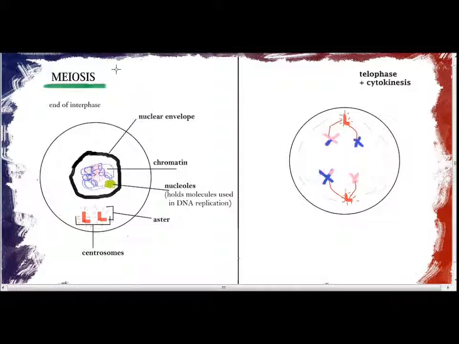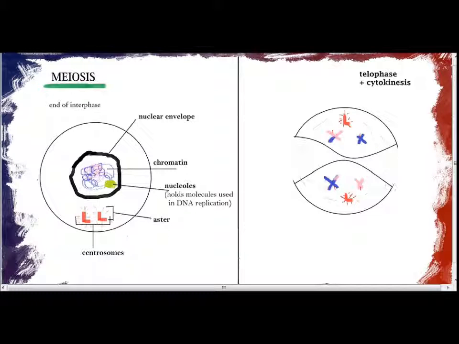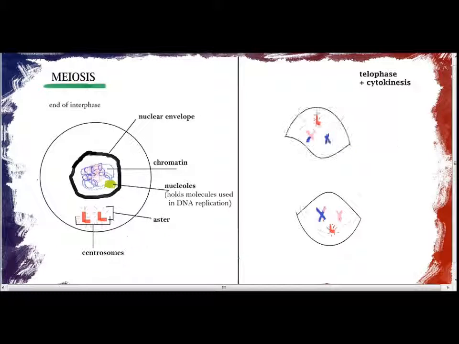In telophase 1, the homologous pairs are now on opposite sides, so there's a single chromosome from each homologous pair on each side. And also cytokinesis happens, so cytoplasm breaks apart, and now these two become completely separate cells.